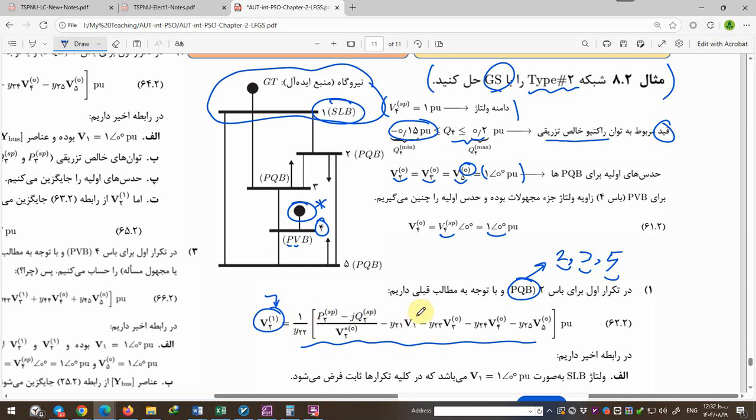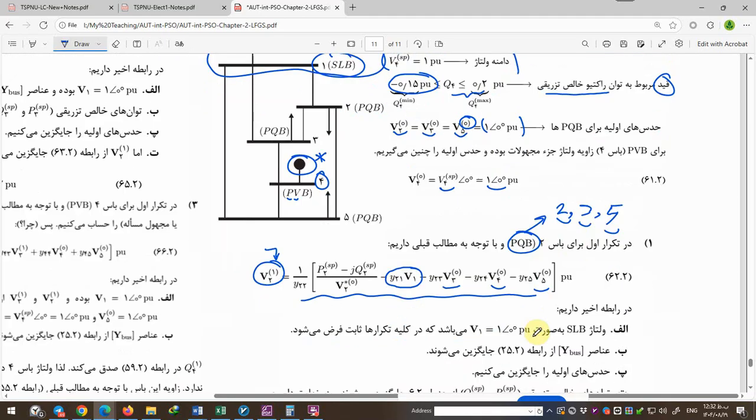is about V1 in the slack bus, V3 in zero iteration or initial value, V4, V5. In a slack bus, the voltage is fixed.